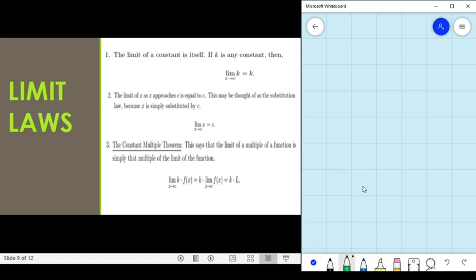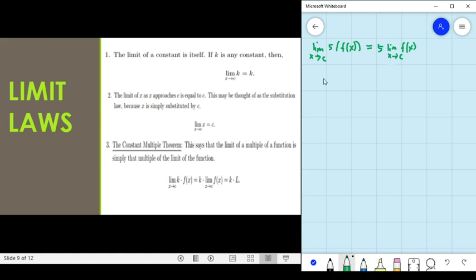Okay, so for example, if we have the limit of 5 times f of x as x approaches c, so it would be similar to 5 times the limit of f of x as x approaches c.